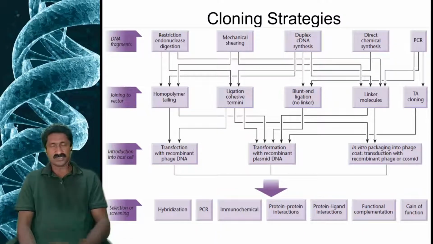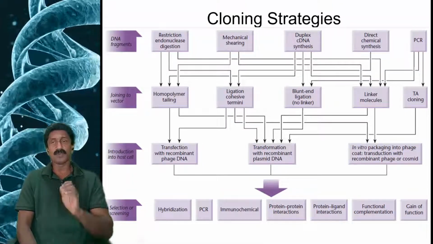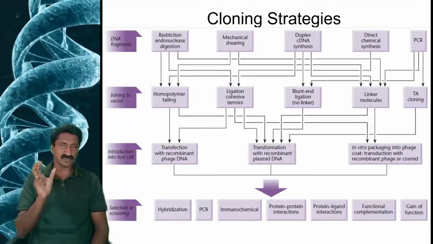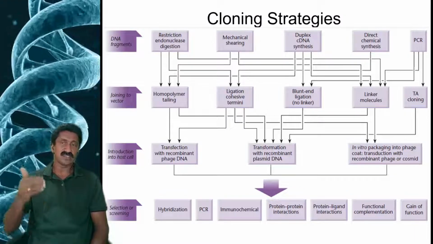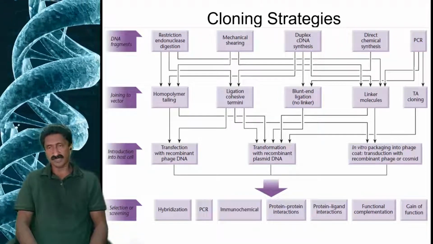Then the second stage, there we have homopolymer tailing, because we are trying to join this DNA or gene of interest into a vector. For that you can use homopolymer tailing.